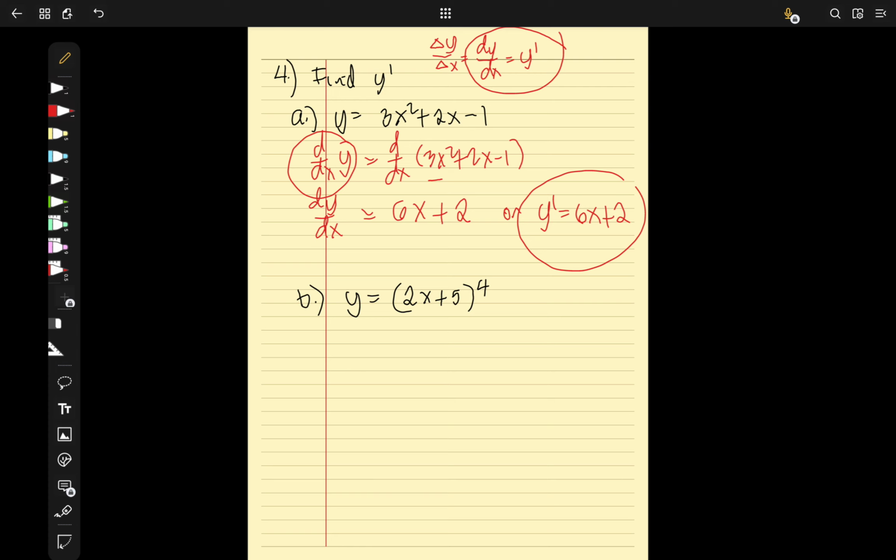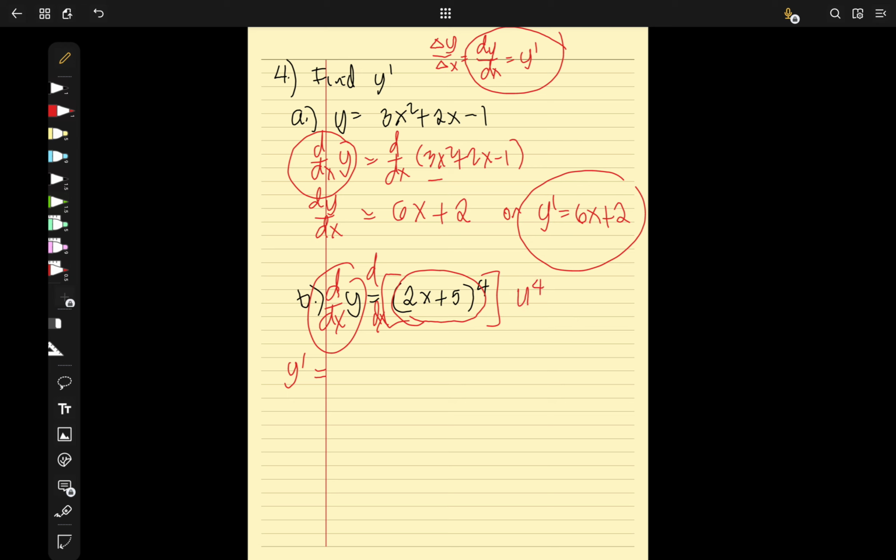Now, sa letter B, y is equal to (2x plus 5) to the 4. Again, kunin natin derivative nito with respect to x. So, this will become y prime. How about for this one? Ito, babalikan natin yung formula ng, we have a function u na naka-raise sa 4.